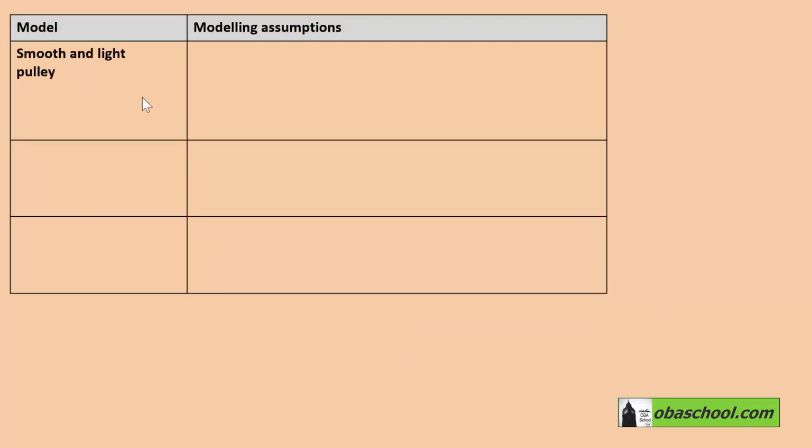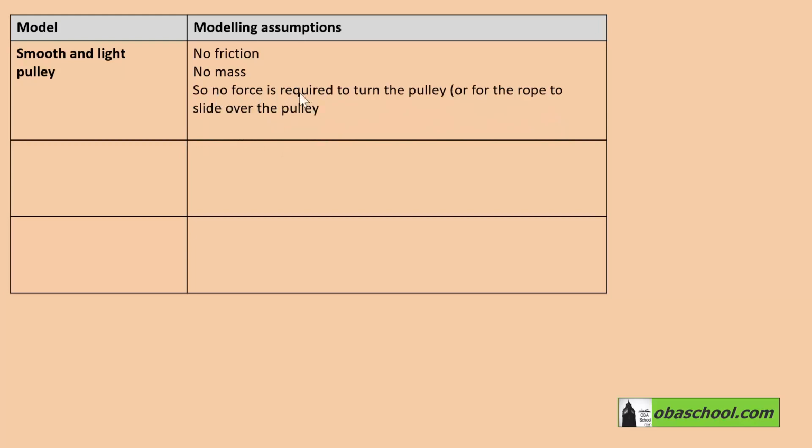Smooth and light pulley. No friction because it's smooth. No mass, or at least negligible compared to the rest of the system. So no force is required to turn the pulley or for the rope to slide over the pulley. The tension in the rope is the same either side of the pulley. We looked at that one.